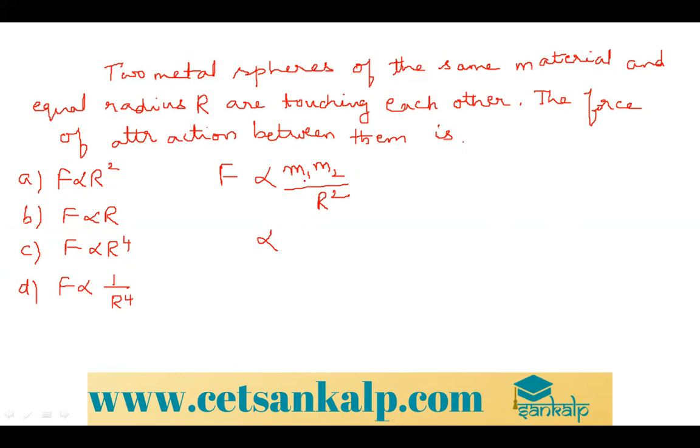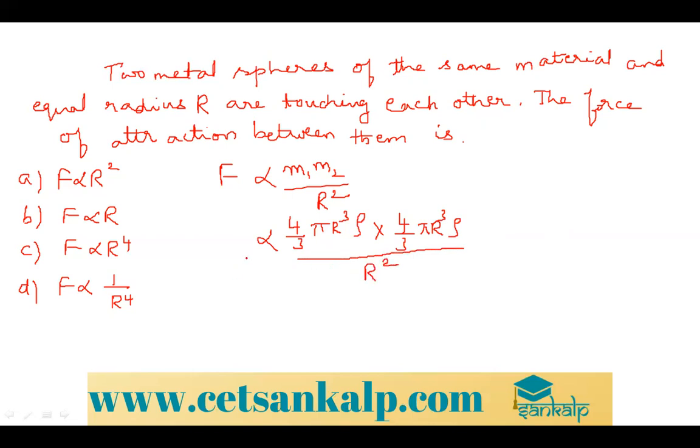The volume of a sphere is 4 by 3 pi r cube, into rho, and again we have one more mass, so 4 by 3 pi r cube rho, the whole divided by r square.